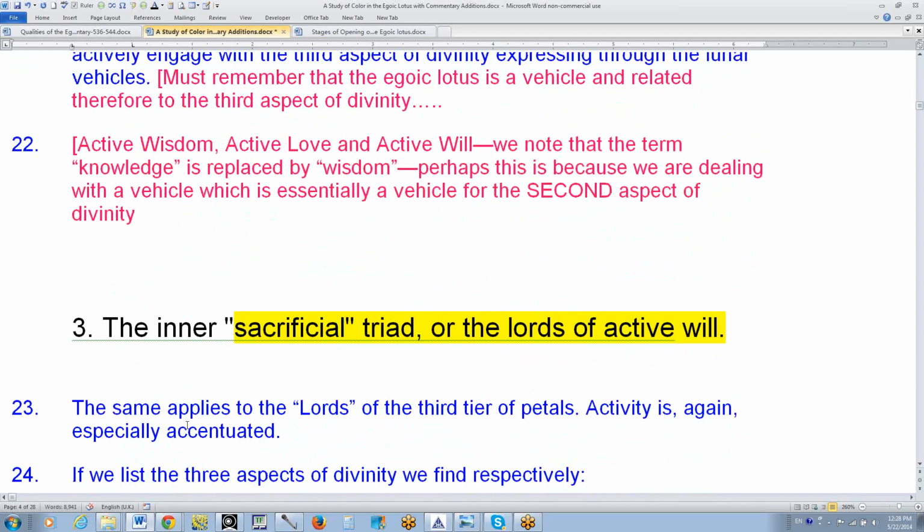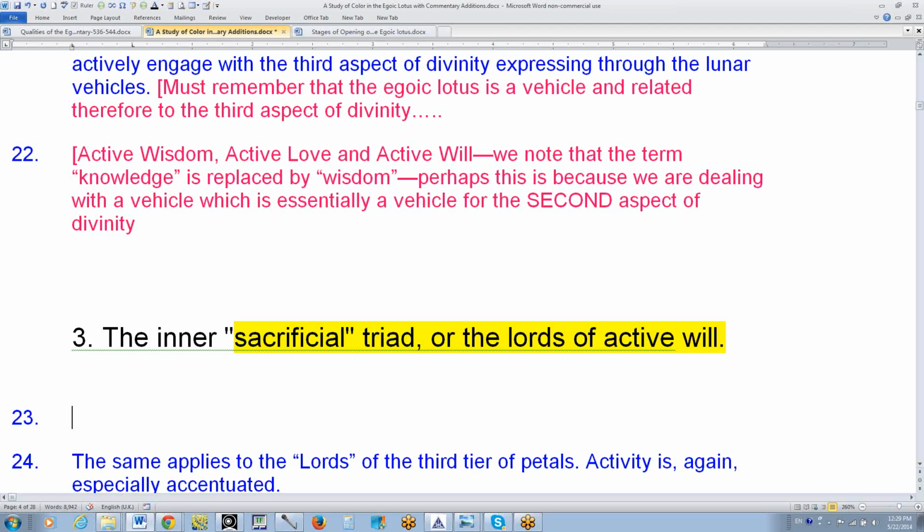So this inner or sacrificial triad, or the lords of active will and sacrifice, accord with each other, and when one wants to know something about one's spiritual status, one of the greatest questions is, what am I really sacrificing for the plan and the purpose?